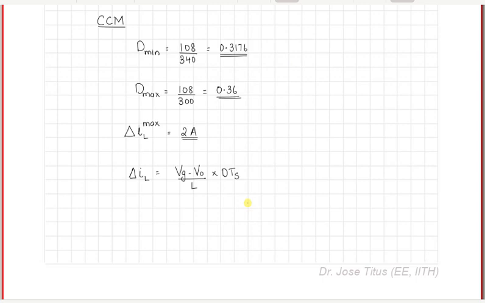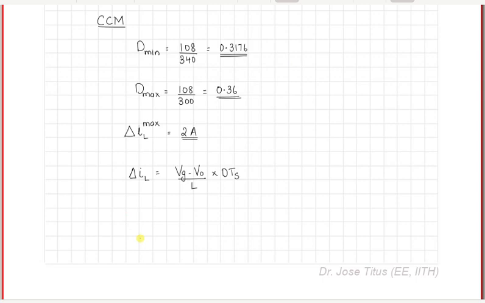From this equation, now you have to find out the maximum value of delta IL, and at what value of Vg or D this maximum appears. But from the equation, we have two terms which are varying, Vg also varies and D also varies. So it is not very clear at what point of D or Vg we are going to have the maximum value of delta IL.